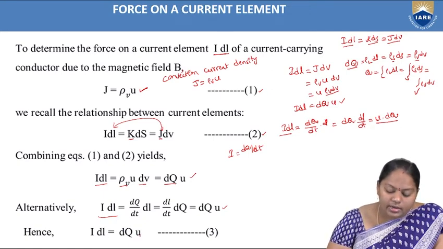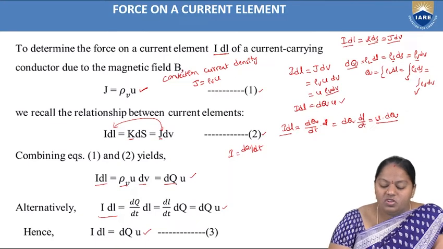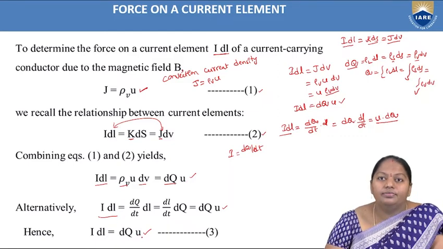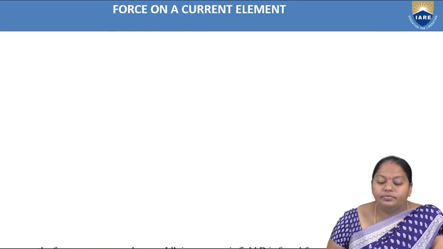In both methods, we have got the relation for IDL in terms of charge and velocity: IDL equal to dq into u. So consider that as the relation.